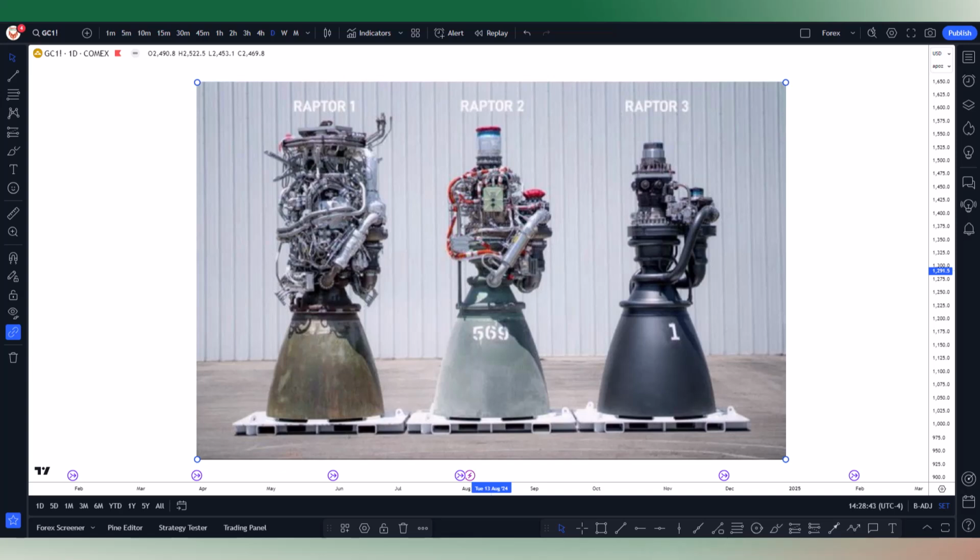Like, I need a bearish order block to break a block to block. You know what I'm trying to say. This is the SpaceX engine, and you see the Raptor 1, the Raptor 2, and the Raptor 3.